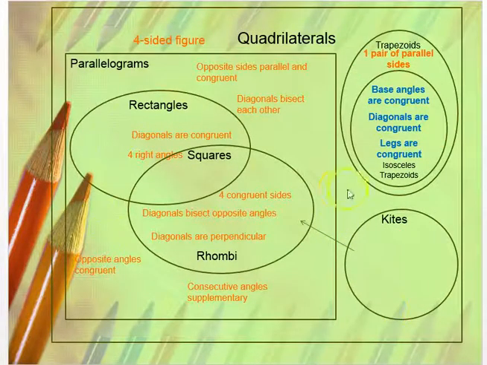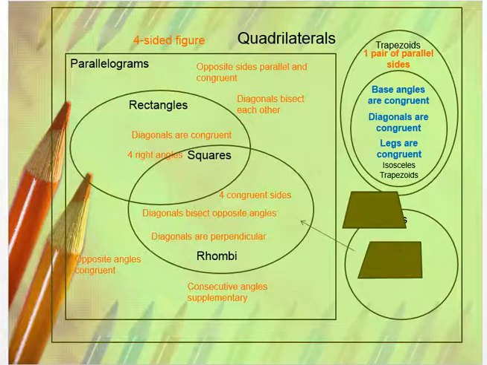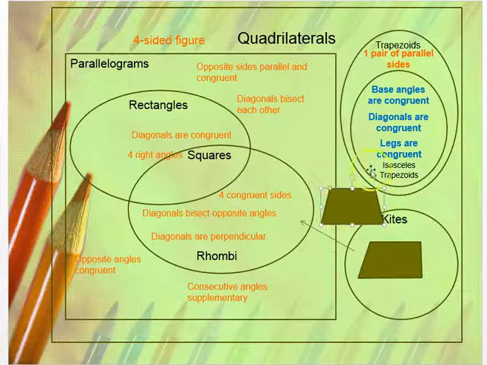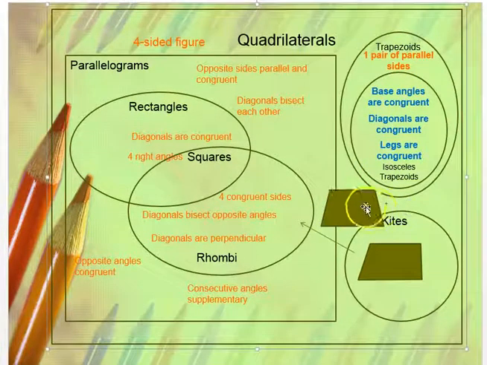Alright, now we've got trapezoids. You can pause the video real quick and get those down. Now we have 2 shapes we're talking about here. A trapezoid has one pair of parallel sides. And then we've got an isosceles trapezoid, which has all of these blue properties. So this blue and this orange is followed by the isosceles trapezoid.